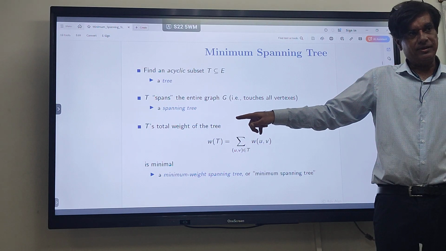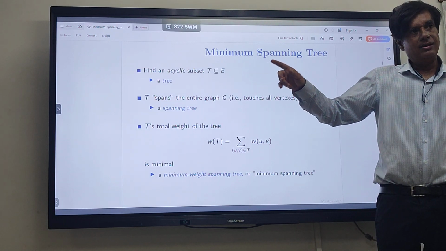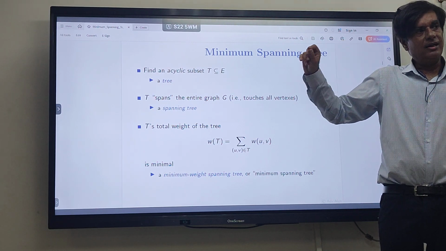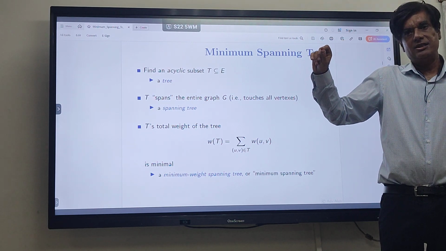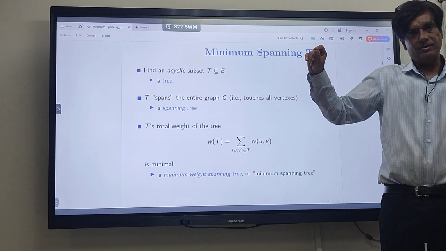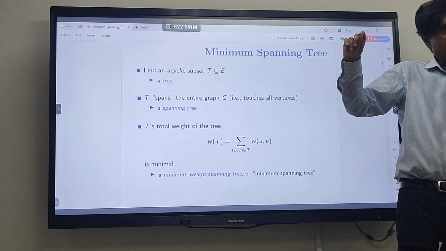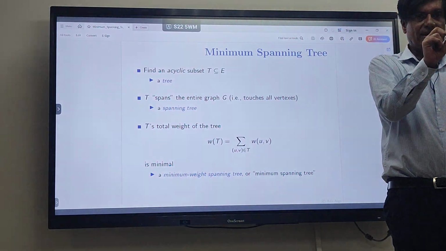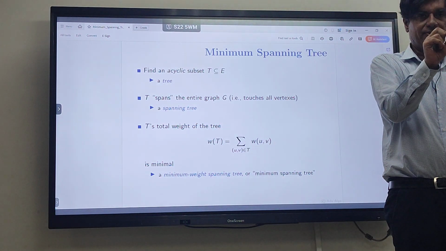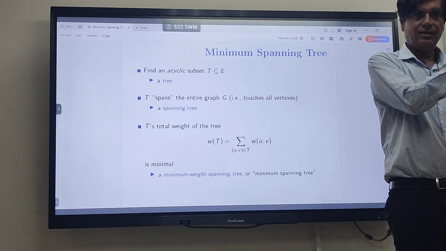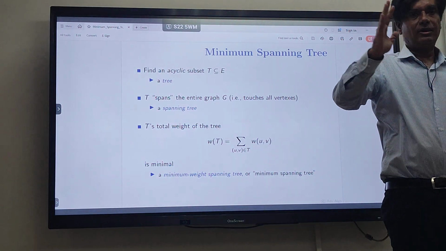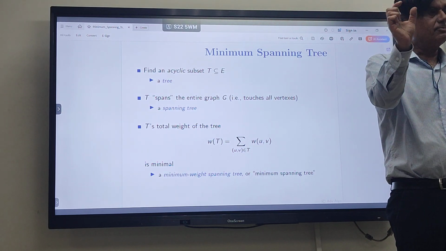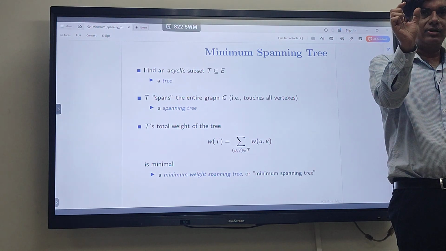Let me repeat it again. For a single graph, let's say we have 10 spanning trees that are possible. Out of these spanning trees, if we add the weights of each edge of each spanning tree, we'll get a total weight. From these total weights, we'll select the spanning tree that has the minimum possible total weight.